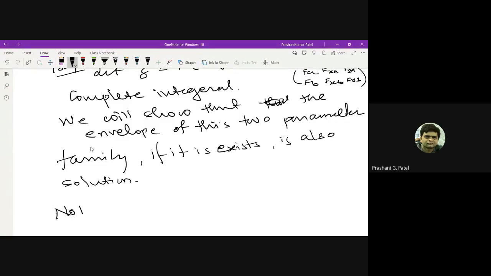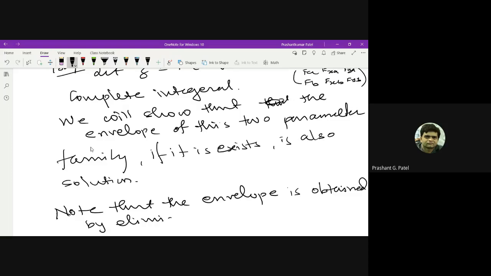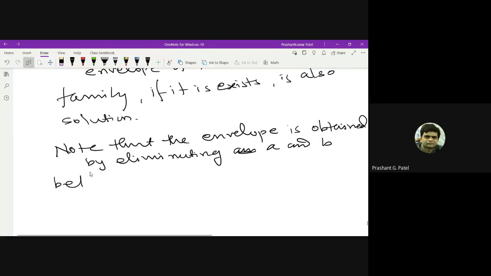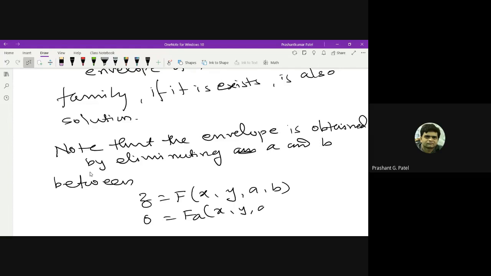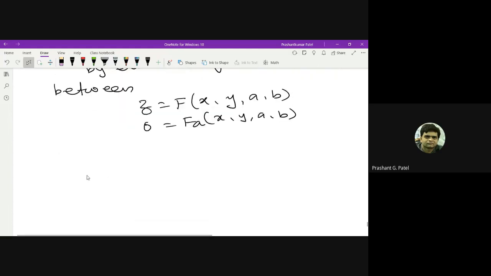So note that the envelope is obtained by eliminating a and b between, as I told you, the three equations: z is equal to f of x, y, a, b; 0 equal to fa of x, y, a, b; and 0 equal to fb of x, y, a, b.